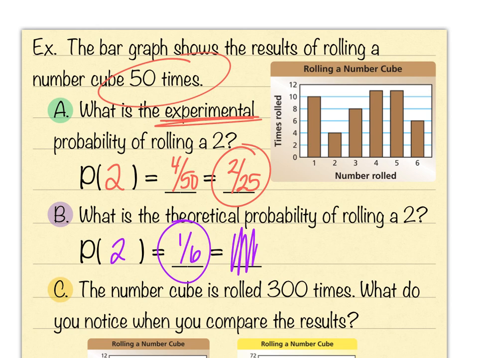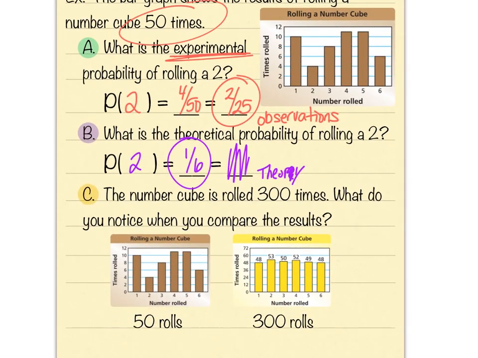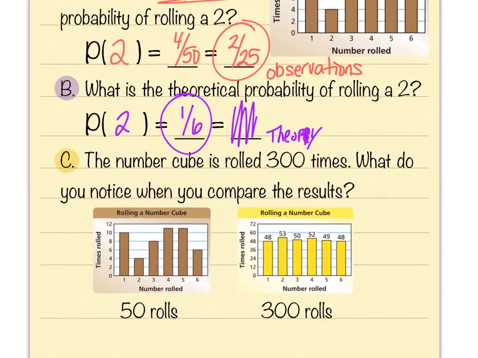Again, experimental probability is based on observations, and we rolled the dice 50 times, and that's what we got. Theoretical probability is based on theory. We know we should get the same number. Whoops, that's not supposed to have an E right there. There, theory. We should get the same number of 2s as we do every other number. They're all equally likely. And then example C says the number cube is then rolled 300 times.